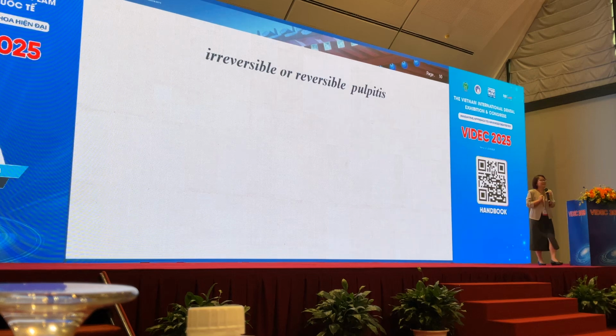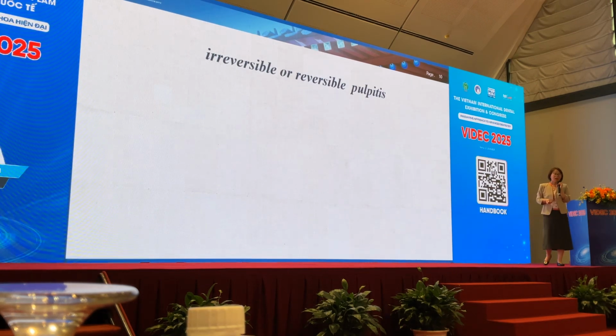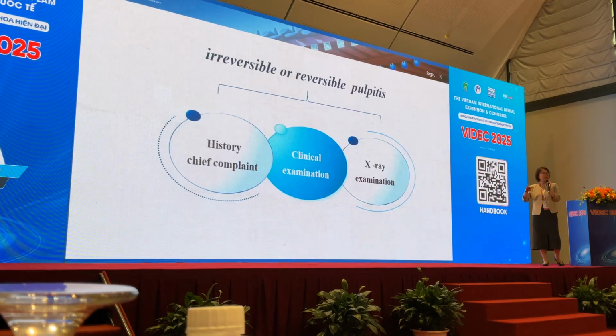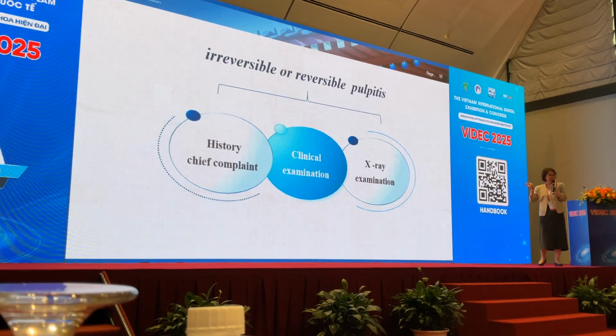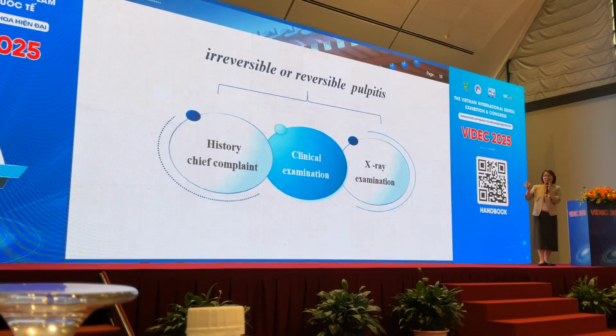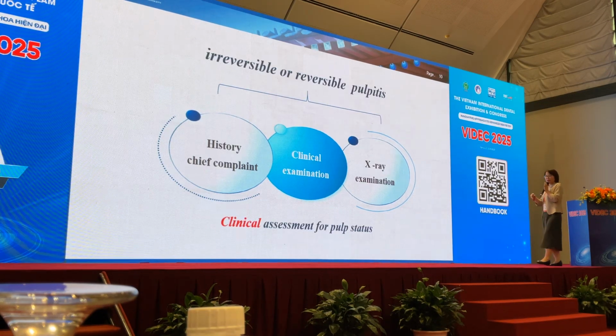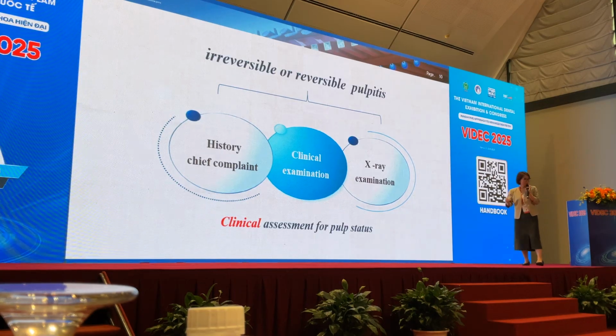Actually, irreversible or reversible pulpitis is a diagnosis mainly based on the history, chief complaint, clinical examination, and X-ray examination. So, basically, it's a clinical assessment of pulp status, right?